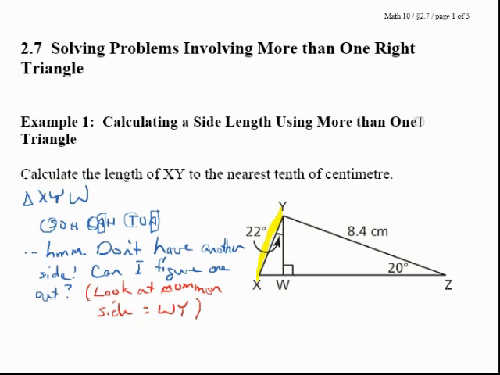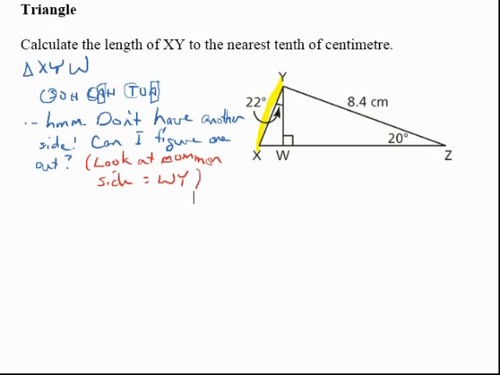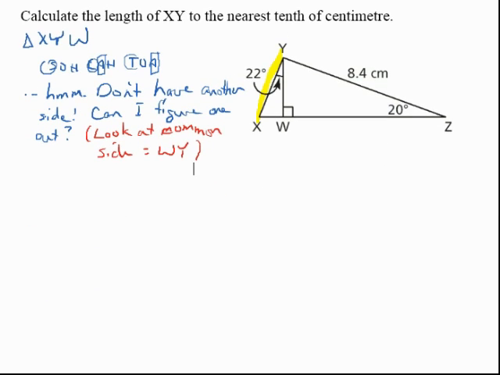So now I'm going to look at my other triangle. So now I'm looking at triangle WYZ, and SOHCAHTOA.